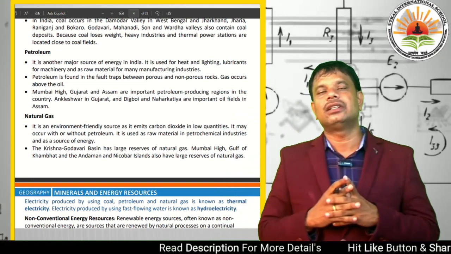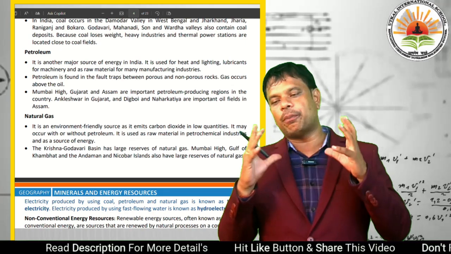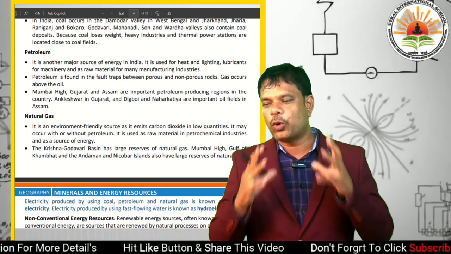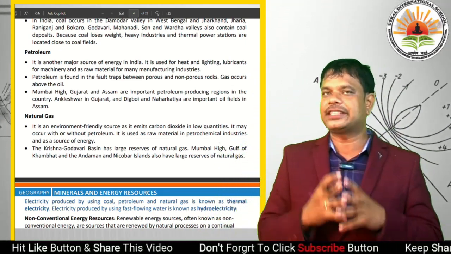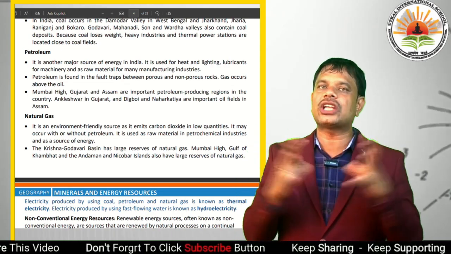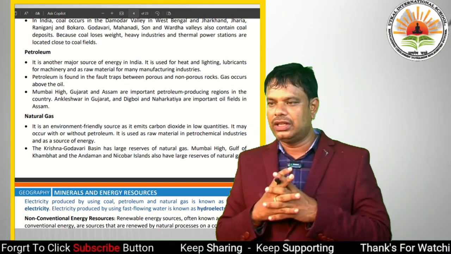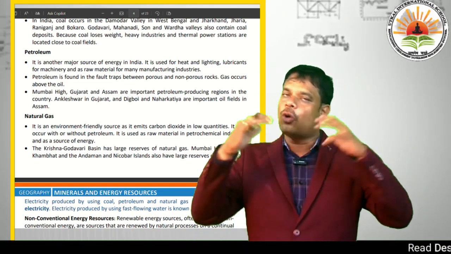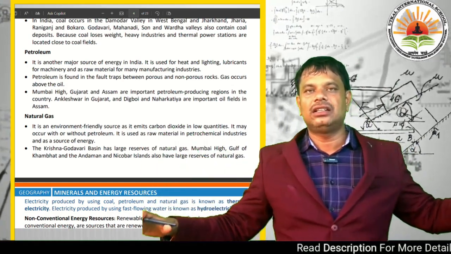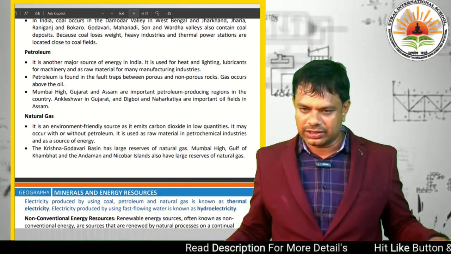Petroleum is found in the fault traps between porous and non-porous rocks. Gas occurs above the oil. The first layer is gas above the petroleum products.